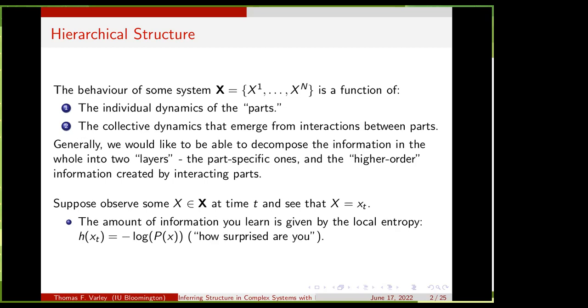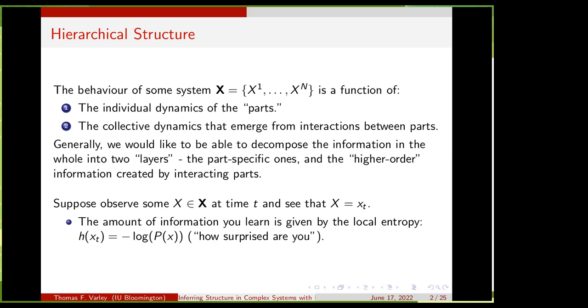But then neurons also are embedded in a network, and when one fires, it changes the probability that another one will fire. And so there's a distinction to be made between the individual dynamics and the dynamics of the structure. There's the part-specific information, and then the higher order interactive information. And I'm very interested in how we tease those apart.